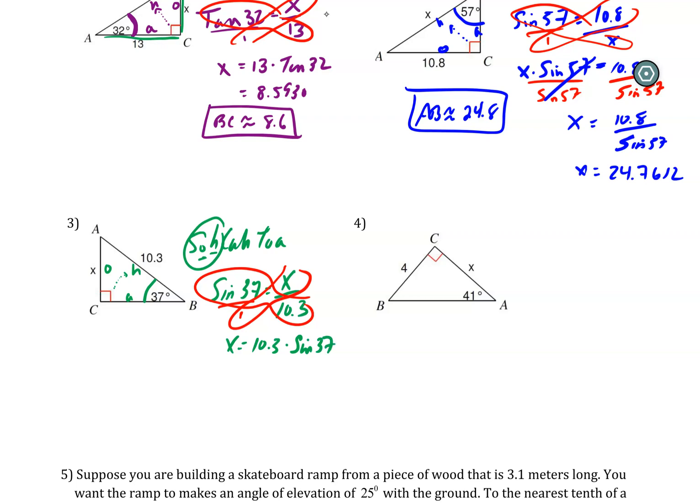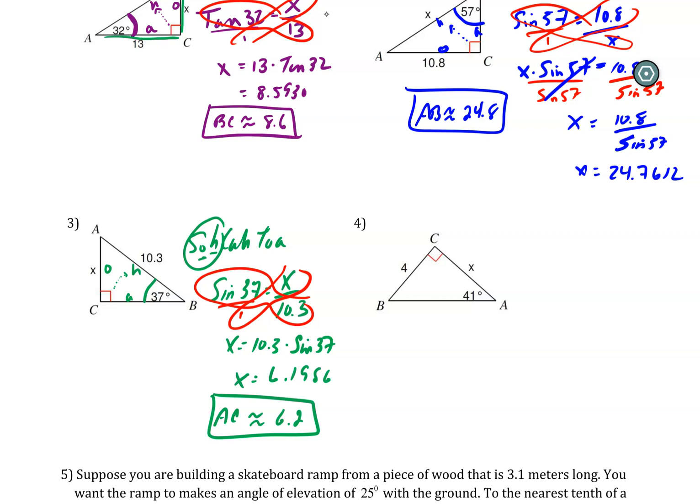Plugged it into the calculator, and we're going to get x to equal 6.1986, and so on. Again, for all of these questions, it said round to the nearest tenth. So now we know that AC is approximately 6.2.